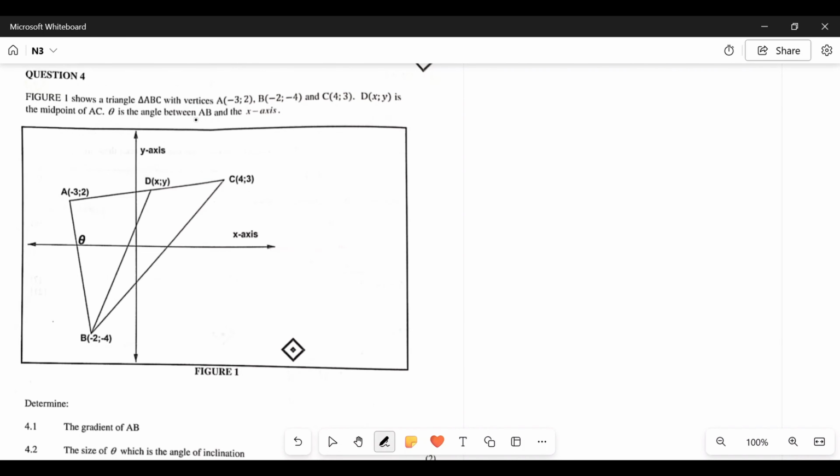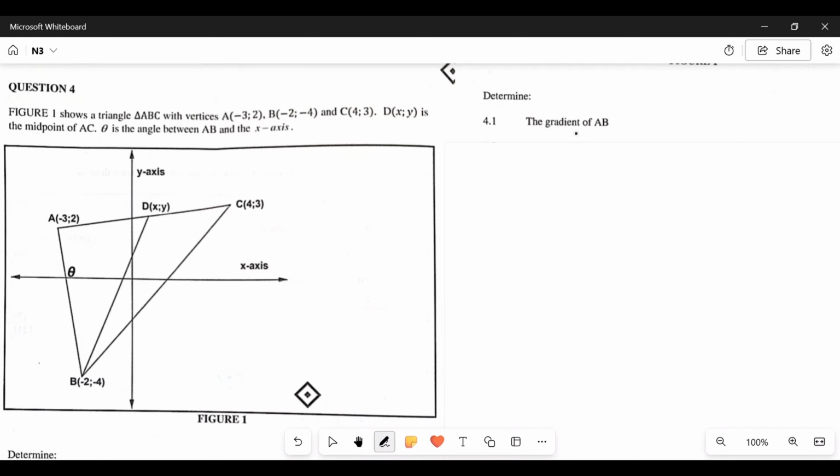Theta is the angle between AB and the x-axis. So this is the information that we're given. As you can see, these points that we are talking about are there on figure 1. So I'm going to create space here and do question 4.1.